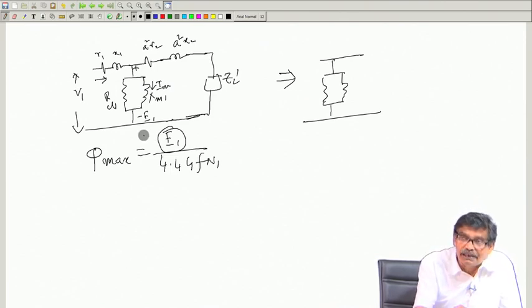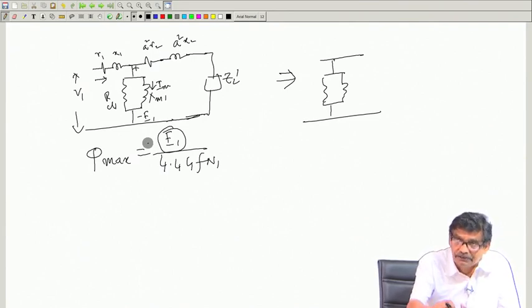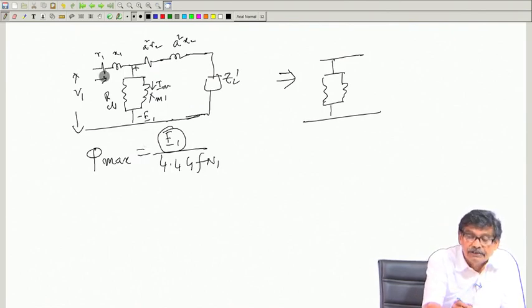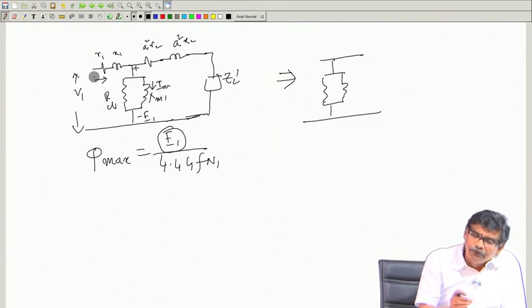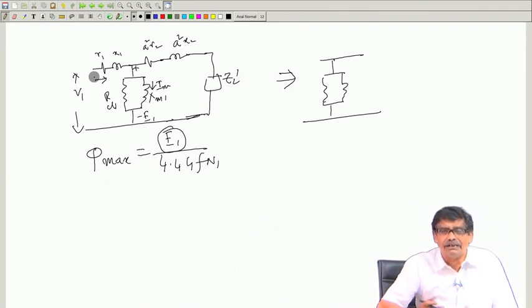So, what is the change in phi max from no load to full load? What is no load? Z2 dash is infinite, it is open, nothing connected. What is full load? You have connected such an impedance that rated current flows, and when rated current flows, there will be a drop here. We agree to that, but R1 X1 is small. Therefore, there will be a voltage drop in R1 X1, which will change E1 a little, but phi max will decrease maybe by 2%, 1%, whatever it is.